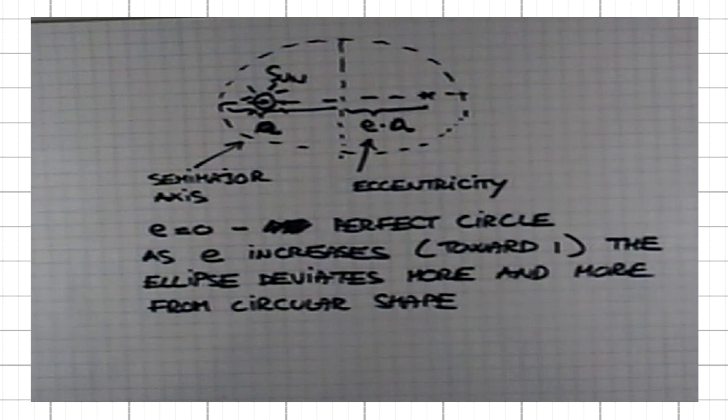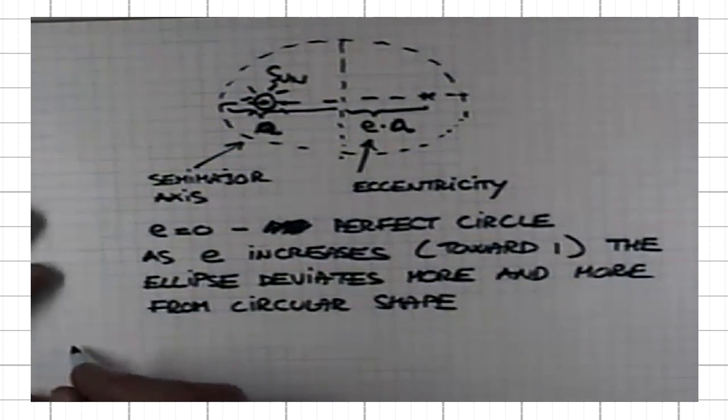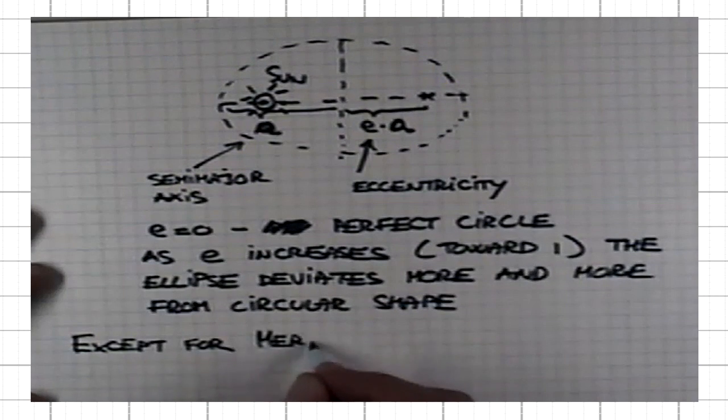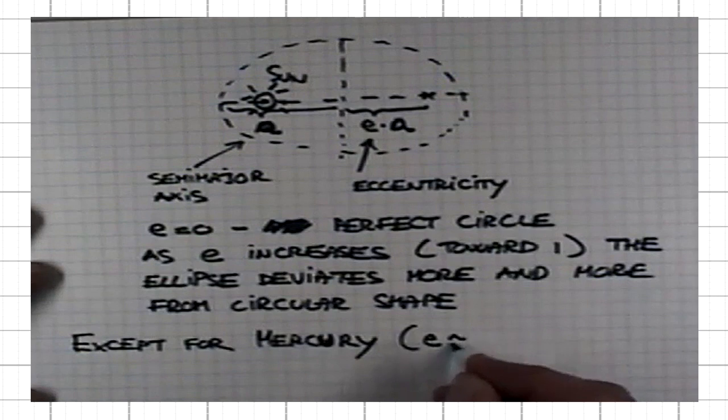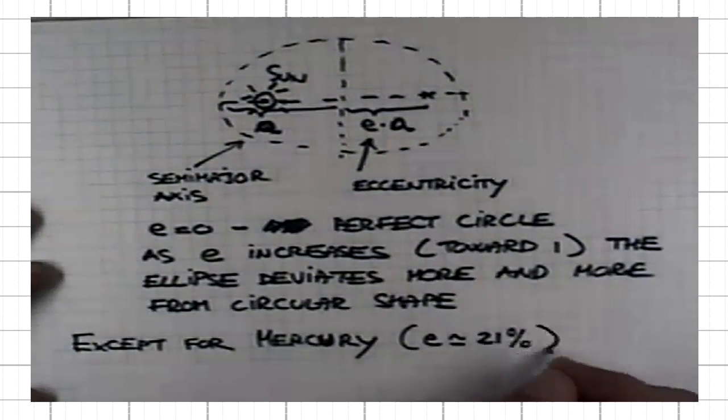And as I mentioned before, except for Mercury, the eccentricities of all planets are less than 10%. For Mercury, the eccentricity is about 21%.